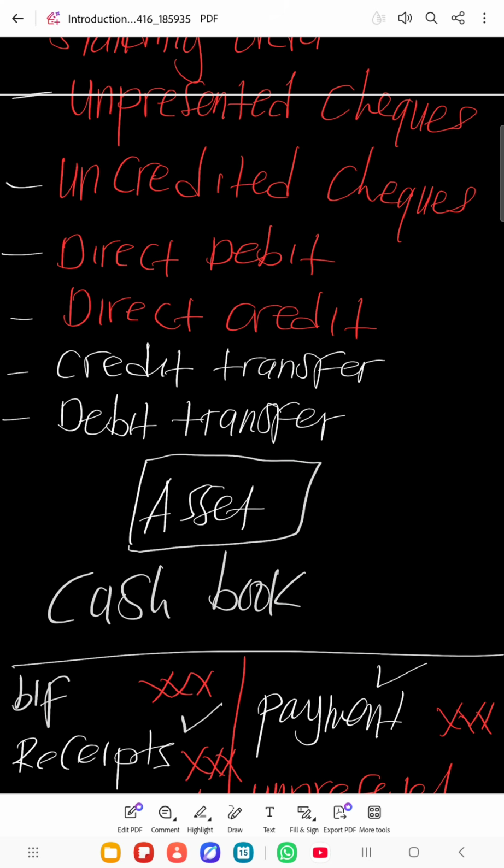And for direct credit, it's from your customer's bank to your bank. When those two are happening, you won't have a record that the money was actually received. You only record that when you see the bank statement or proof of payment. So hence causing the difference between the cash book balance and bank statement balance.